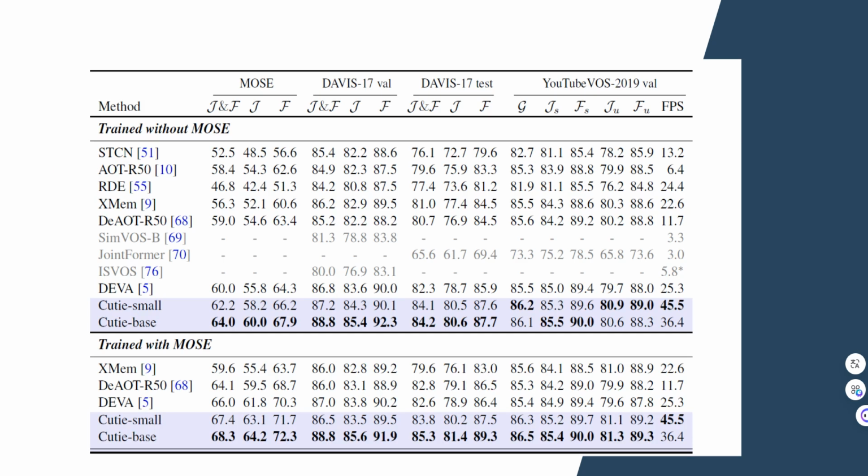Okay, and next is the experiment that the author provides.